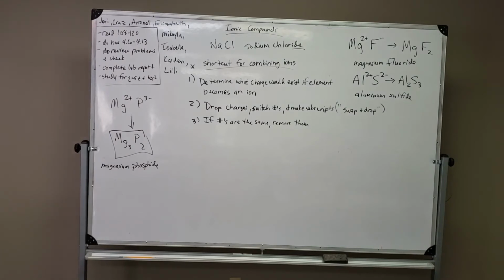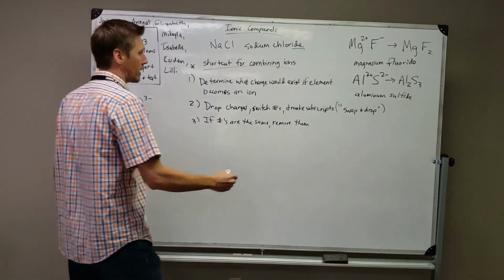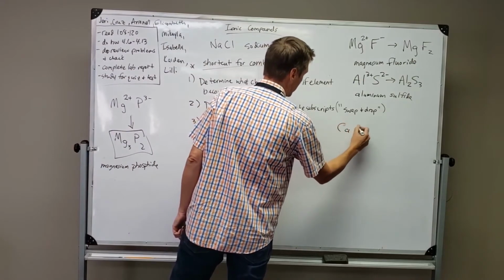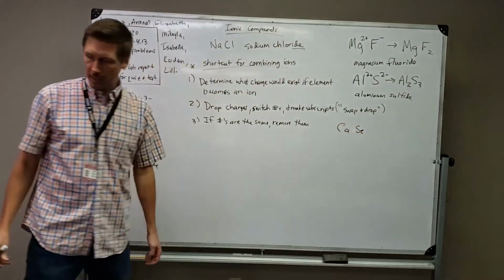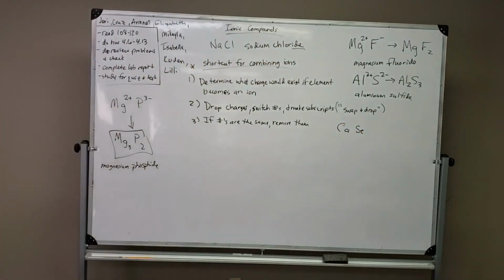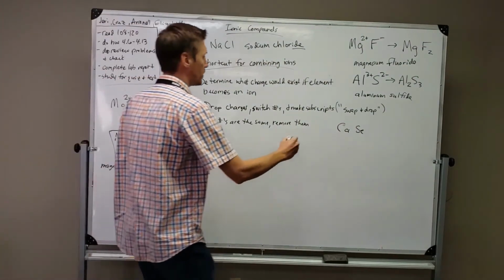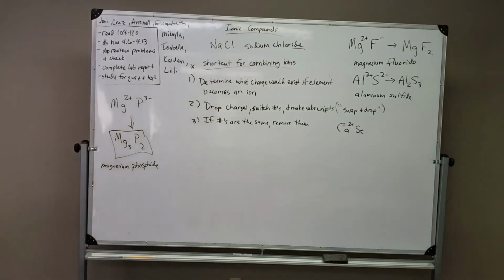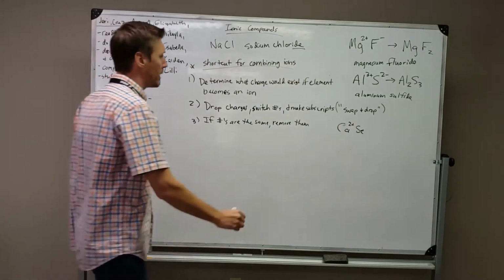And then finally, calcium and selenium. Calcium, selenium, Se. Calcium is in column 2A, so it's going to have a 2 plus charge. Selenium is in column 6A, so it's going to have a 2 minus charge.